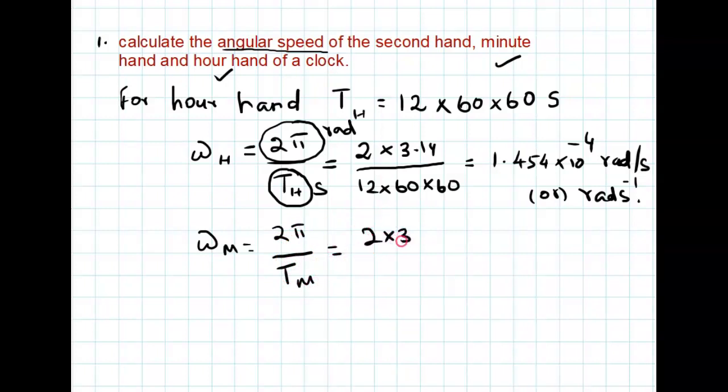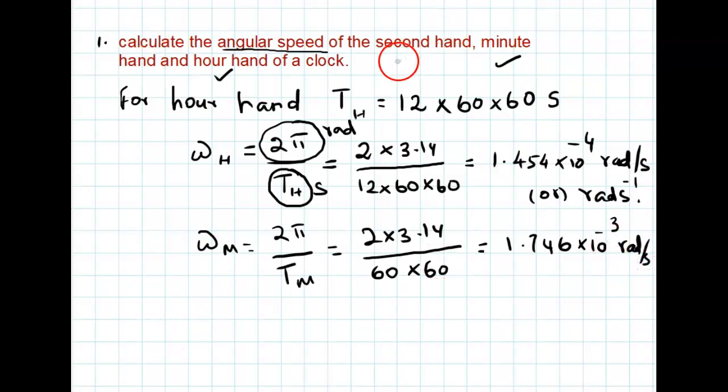So 2 times 3.14 divided by, for the minutes, 60 times 60 seconds. The answer is 1.746 times 10 to the power minus 3 radian per second.